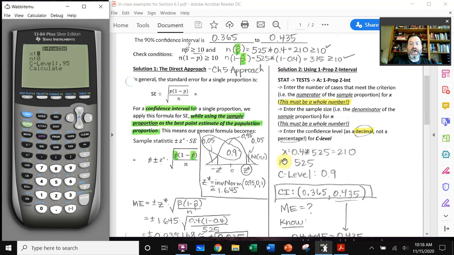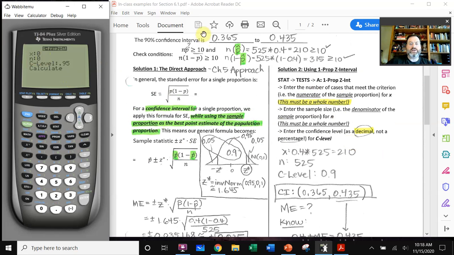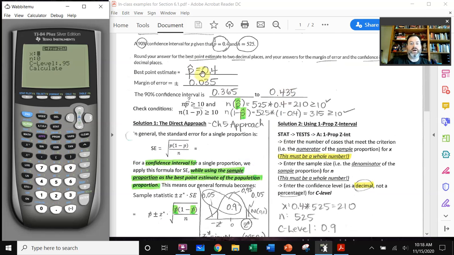Okay, so x, that's the number of successes, right? So when you check that your sample is large, the number of successes is n times p hat. So for this given problem, n is 525, p hat is 0.4.